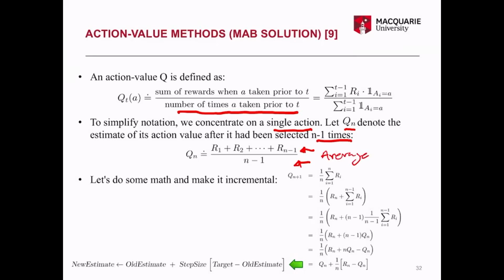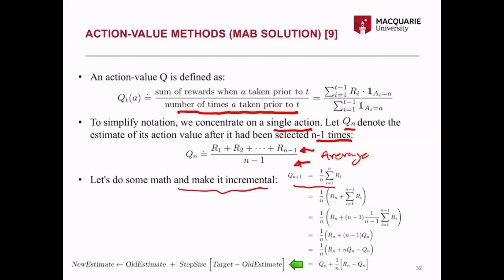And that's how we define it. That's the value of that lever. You do this action again and again, and then average the rewards. And so the higher the better. We can do some more algebra, and we turn this definition into an incremental one.